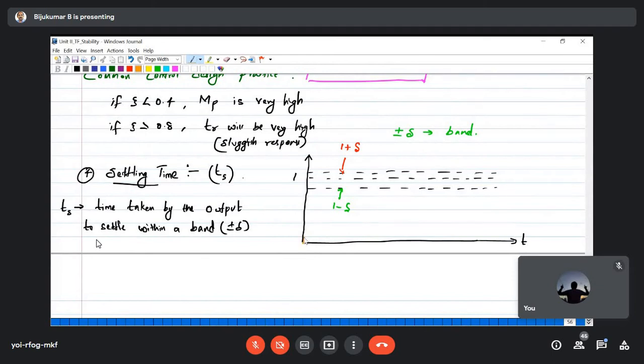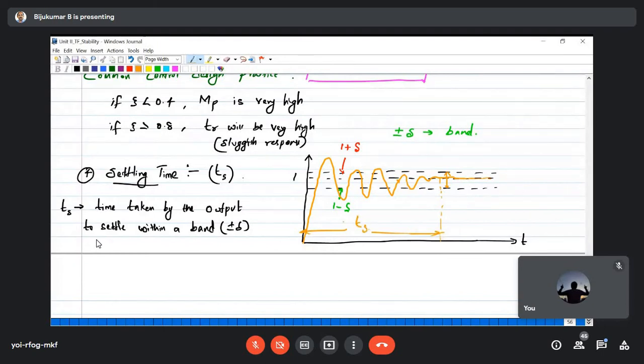If I draw the response, it will go like this, and there will be oscillations. It will decrease, and finally it will settle at some value, right? So if we settle in this band, we can call it the time taken to reach the band. So in this case, what is the settling time? This is the settling time, right? Without any oscillation outside the band. So this will be the settling time.